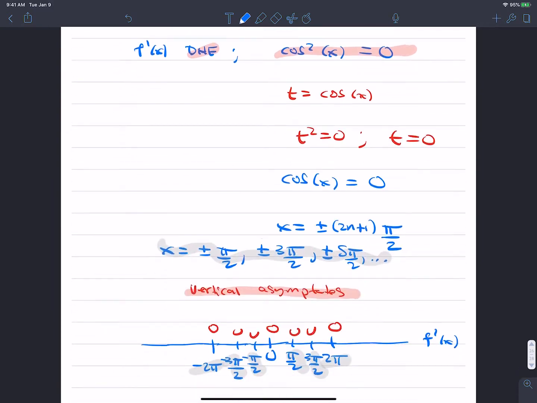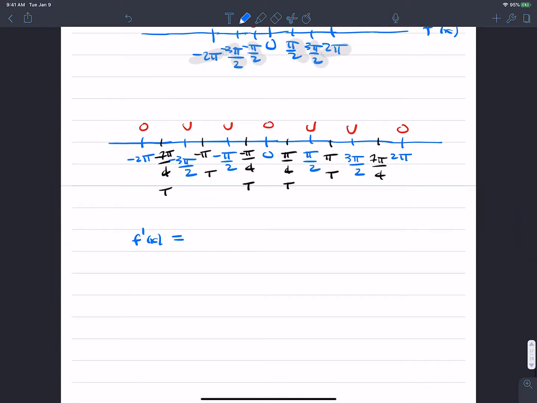Is that right? So let's write it down. Like I told you guys, I can write on the board, but as soon as you write on this thing, it's really weird. Here we go. F prime of x is cosine x minus secant squared x.